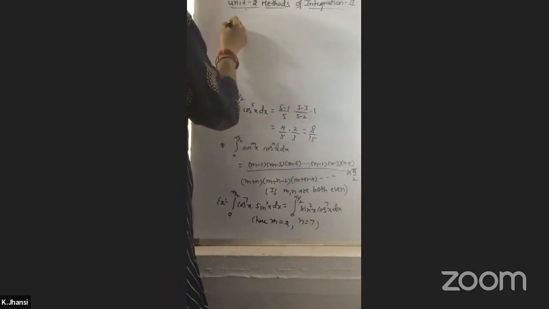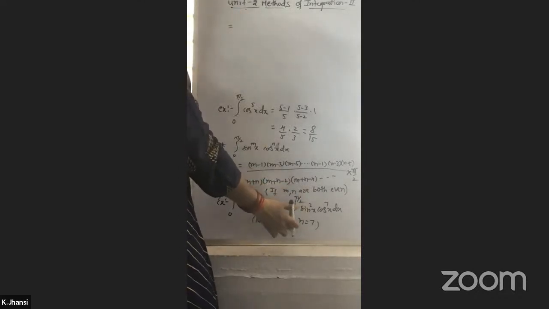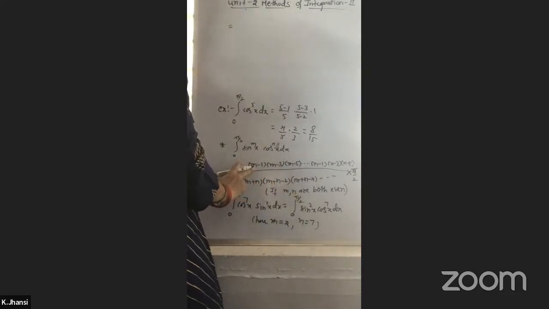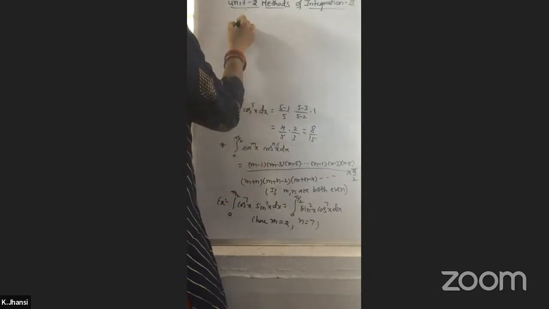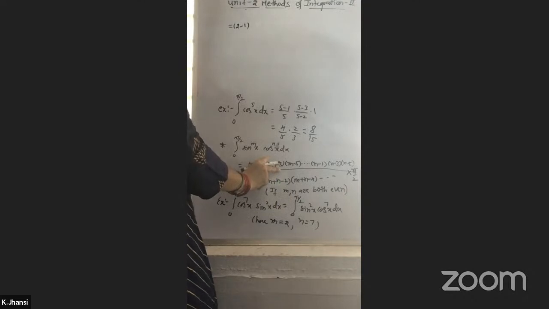So it is equal to, m value is 2 and n value is 7. For m, that is 2 minus 1. Next 2 minus 3 means you will get a negative value, so you should not write the negative value, stop here only.